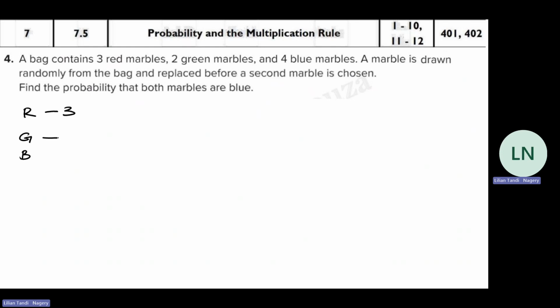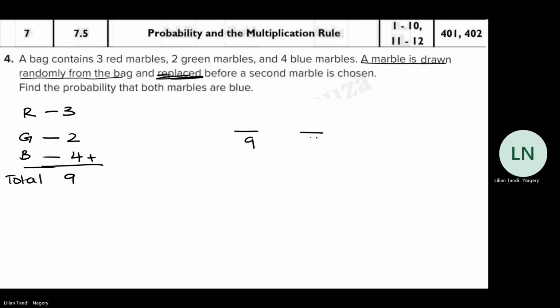Red, I have 3, green, I have 2, and blue, I have 4. So my total is 9. 3 plus 2 is 5, 5 plus 4 is 9. Okay. Find the probability. A marble is drawn randomly from the bag and replaced.